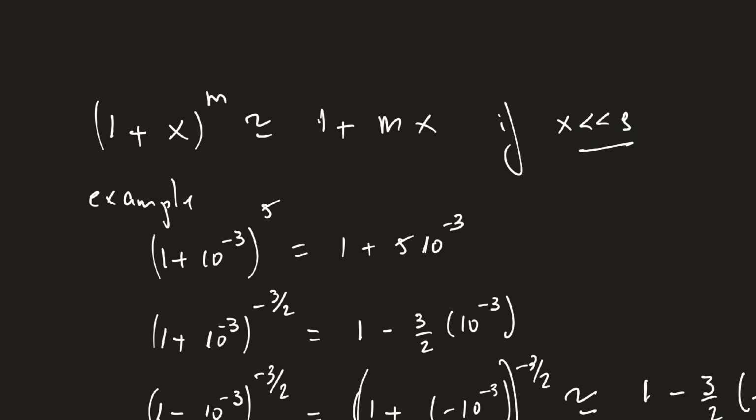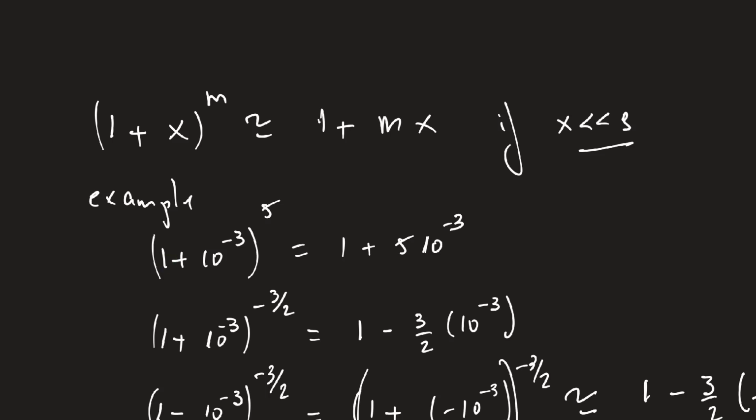So we are talking about an approximation like this: 1 plus 10 to the power minus 3, everything to the power of 5. What will be the amount of this? This will be 1.001 multiplied 5 times, 1.001 by 1.001 by 1.001.